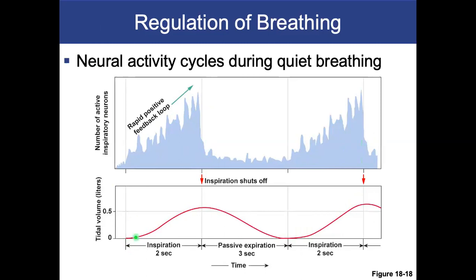So inhalation is active, right? Because you're contracting those muscles, those nerves are on. And then exhalation is passive. Those nerves shut off the skeletal muscle and the skeletal muscles relax.